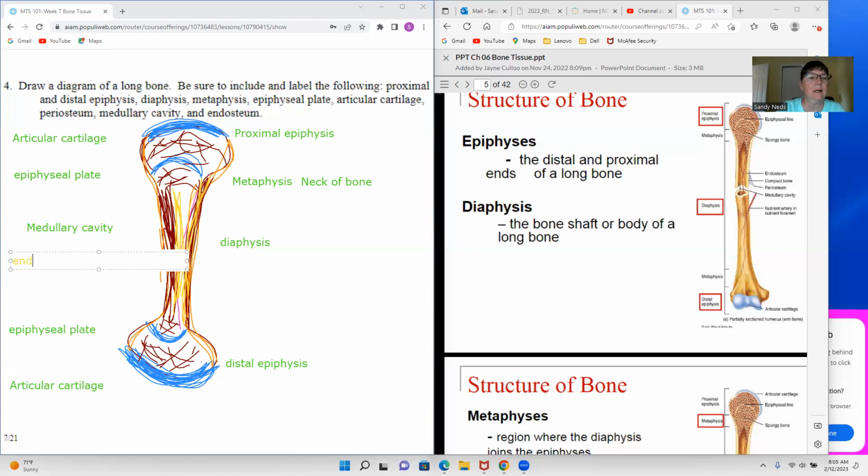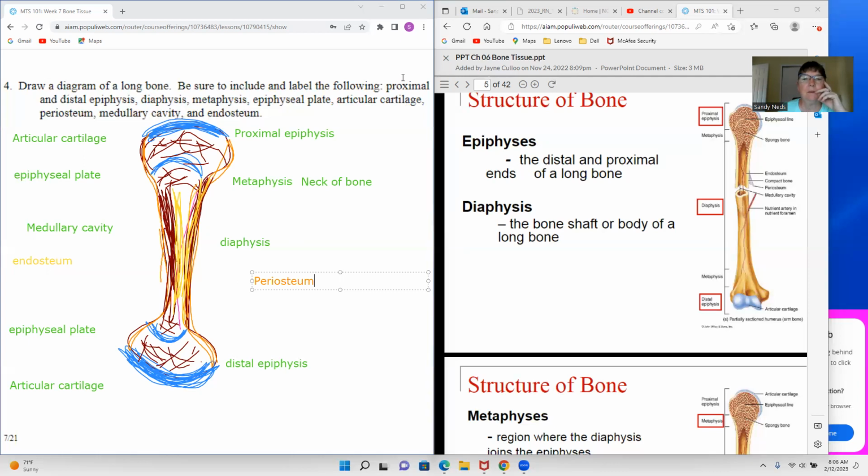And then over here let's put periosteum in orange.